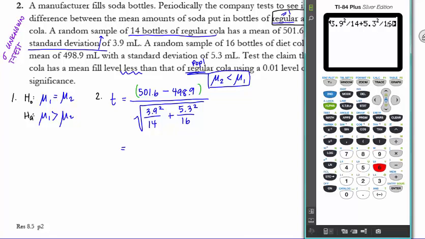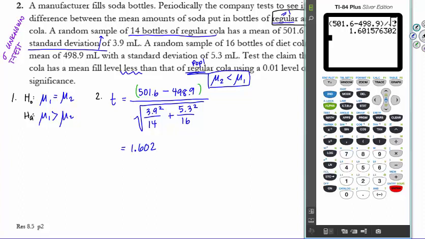No need for extra parentheses downstairs. The calculator knows the order of operations for multiplication and exponents, so just make sure that everything's under the radical and you're in good shape. That gives a test statistic of 1.602 to 3 decimal places.